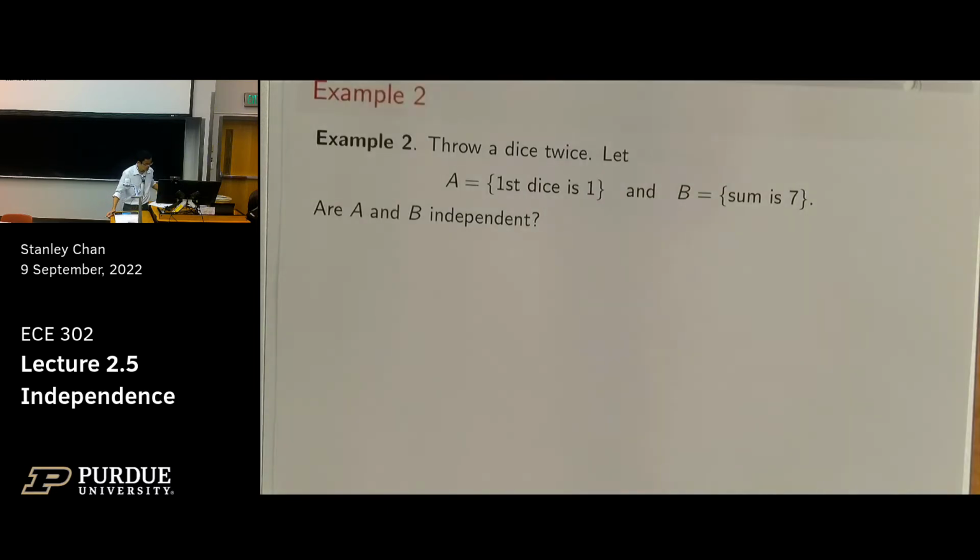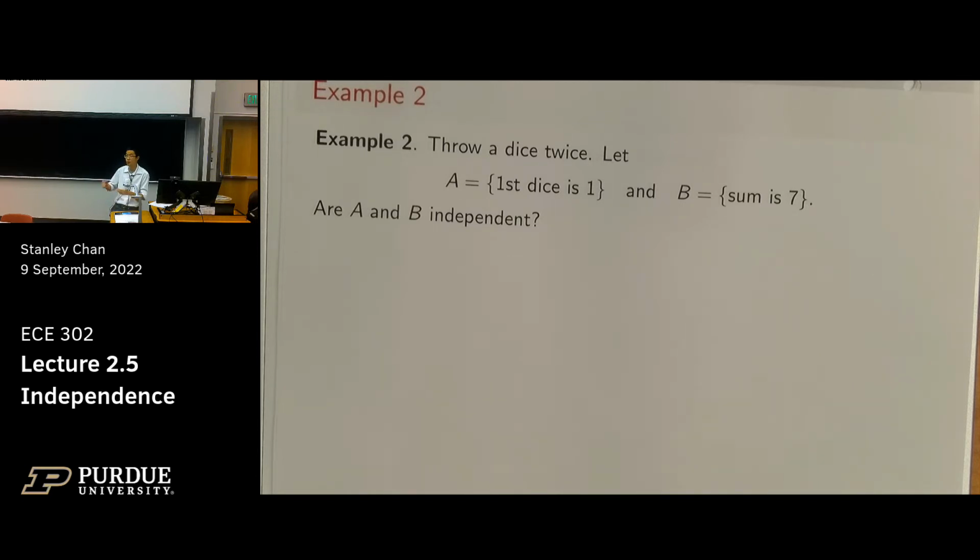Now let's look at this example. This is a little bit trickier. When you look at these two events, one event actually seems to have an interaction with the other event. Event A is that your first die is 1. Event B is that the sum is 7.